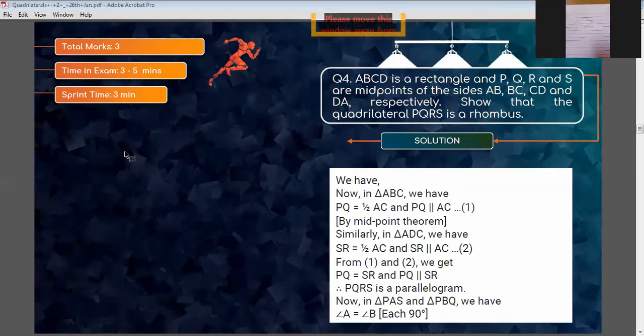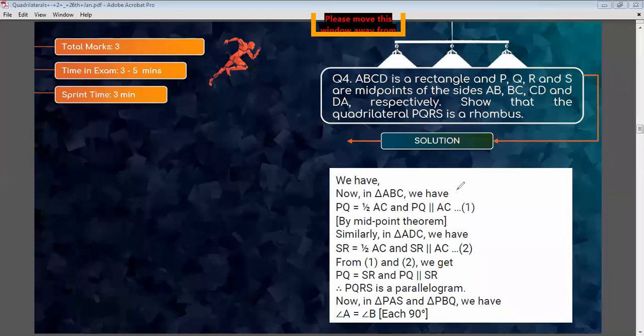Yes, Bhumi, correct. You can see the diagram on the screen by Bhumi. She has made the correct diagram. Very good, Bhumi. So we have started with triangle ABC and we have PQ parallel to AC and PQ is half of AC.